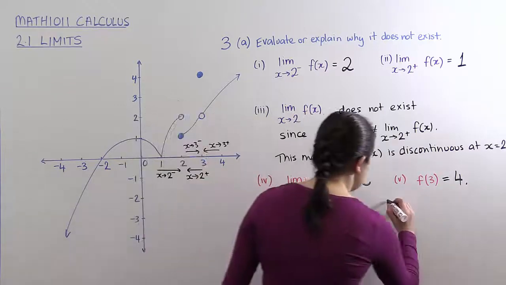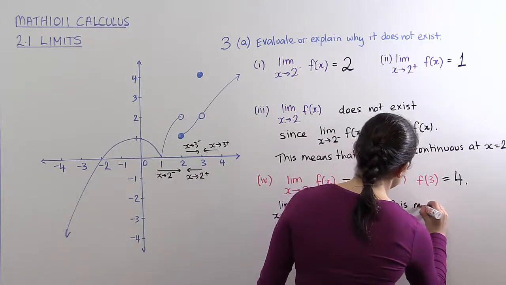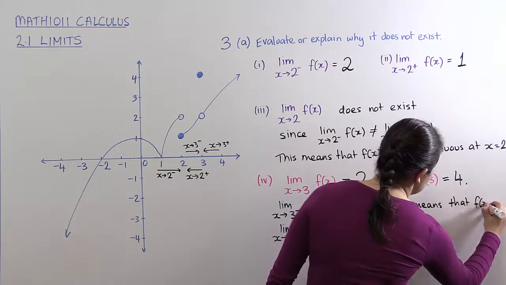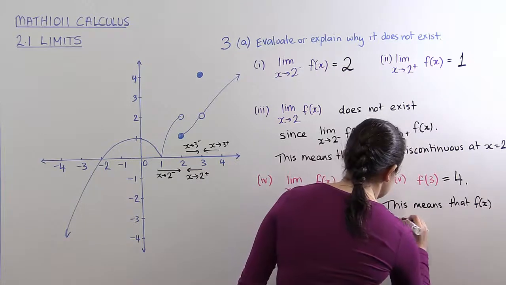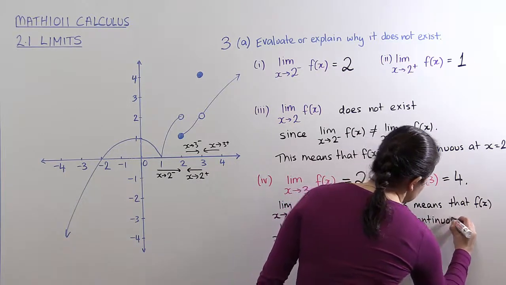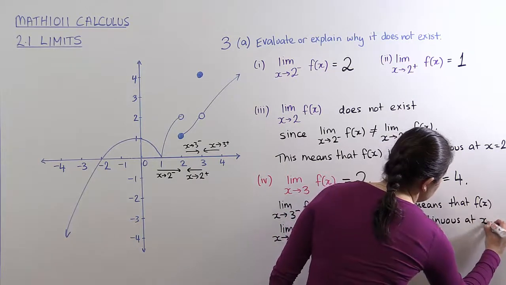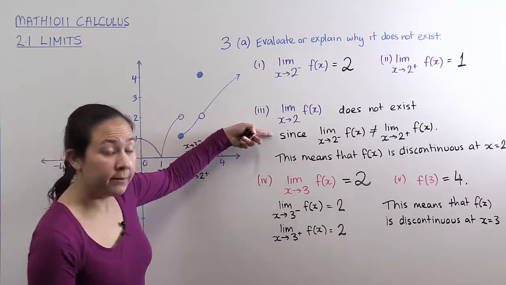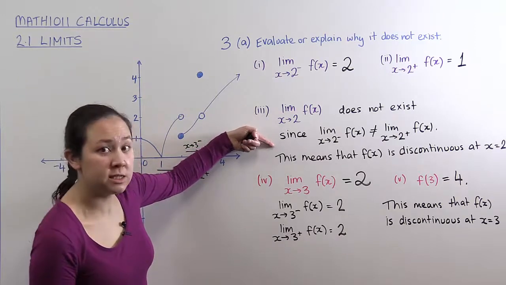So what this means is that f of x is discontinuous at x equals 3, right? Not for the same reason here. Here it was because the limit didn't exist in the first place.